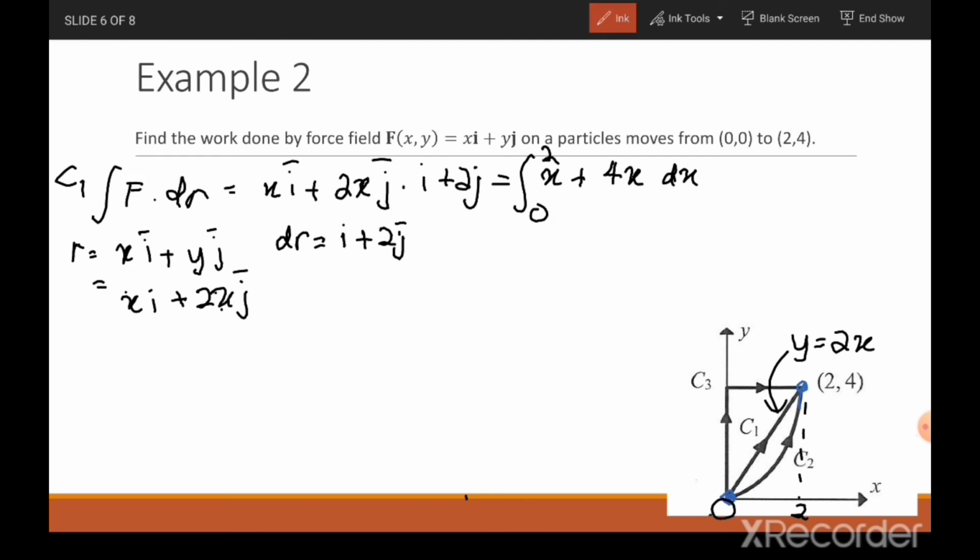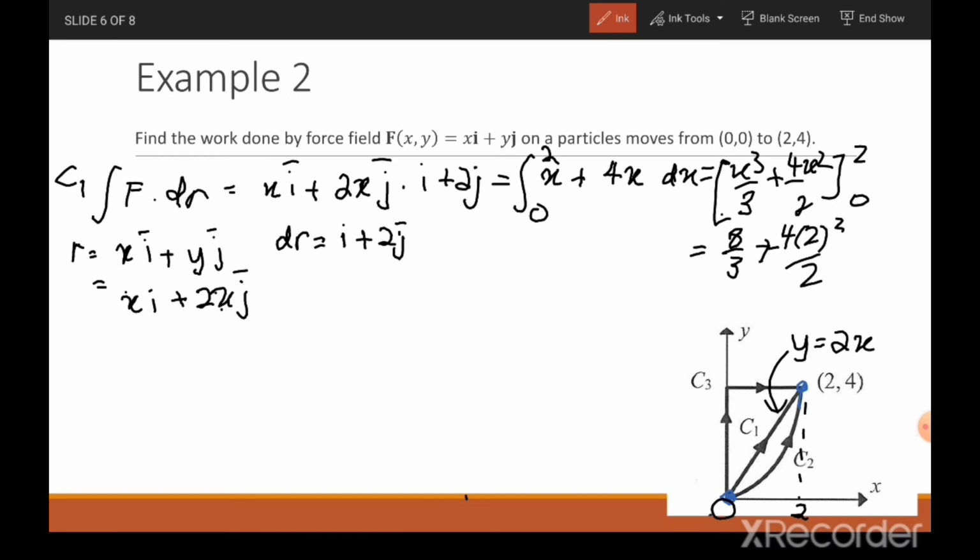Then you integrate as usual: x integrates to x power of 2, and so on. Then you can solve it. Putting in the limits, we get the final value of 10. So we have done with C1.